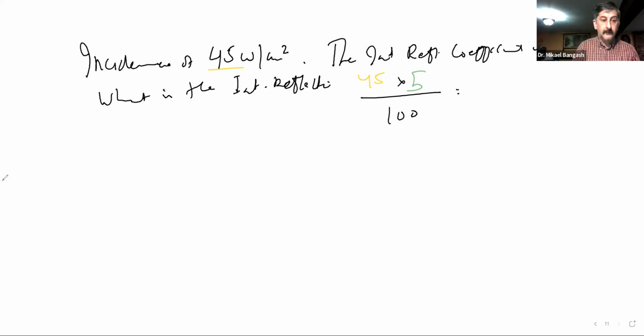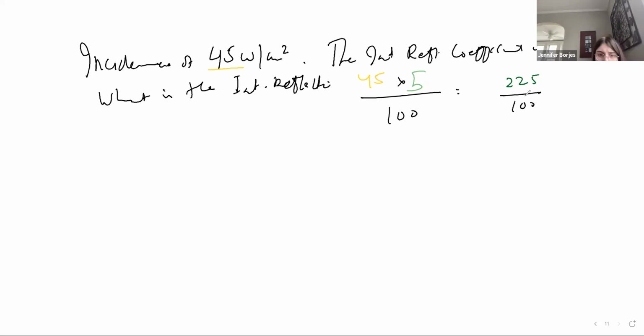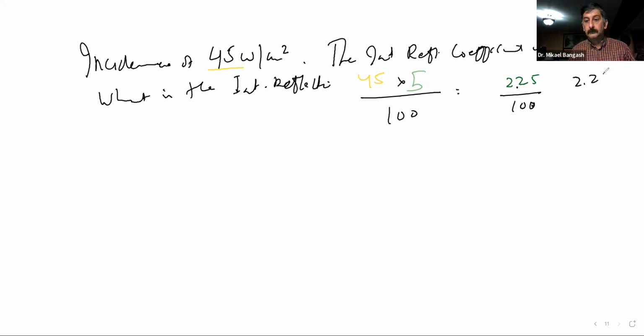So what do you get? 45 times 5 is 225, right? Divided by 100, which just becomes 2.25 watts per centimeter squared.